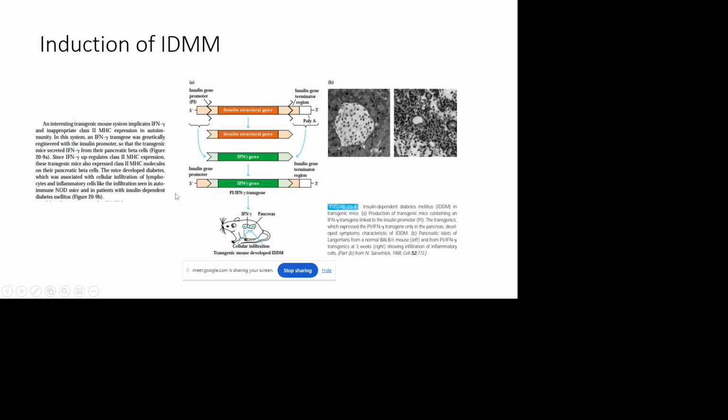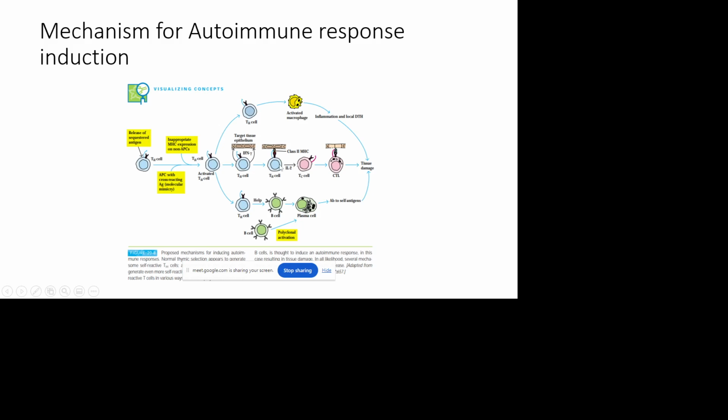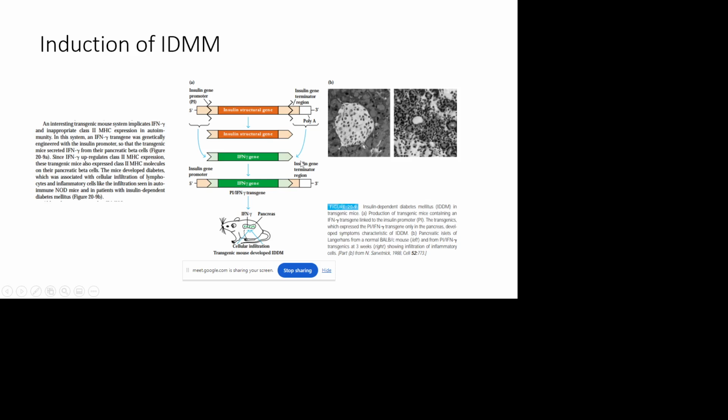So this IFN gamma will be expressed under the insulin gene promoter. As we know, IFN gamma can induce the class 2 MHC. The islets of Langerhans beta cells have the promoter of insulin, so if we put IFN gamma as a fused transgene under the insulin gene promoter, the beta cell will express the IFN gamma.